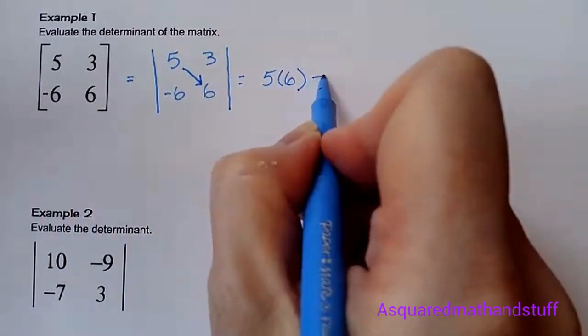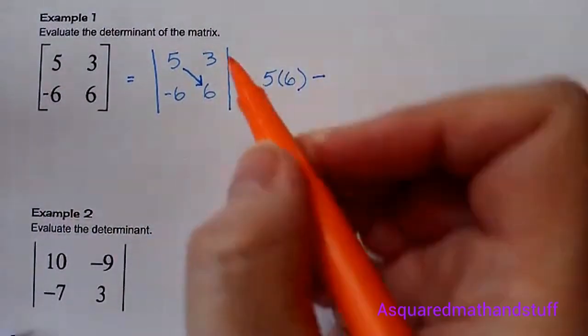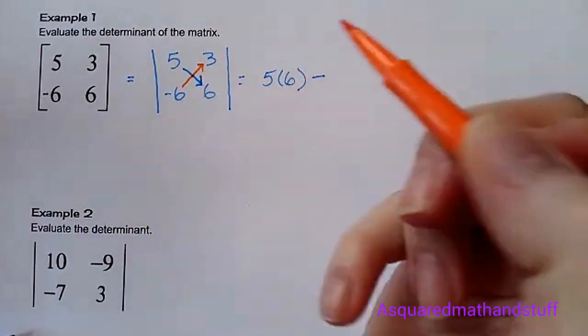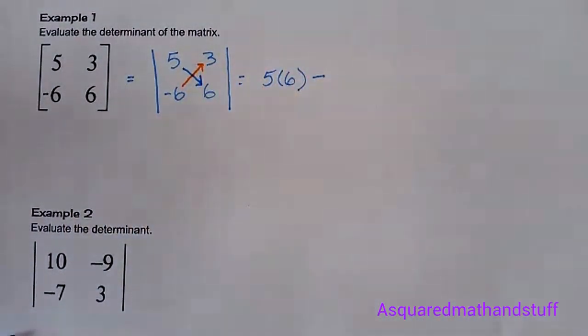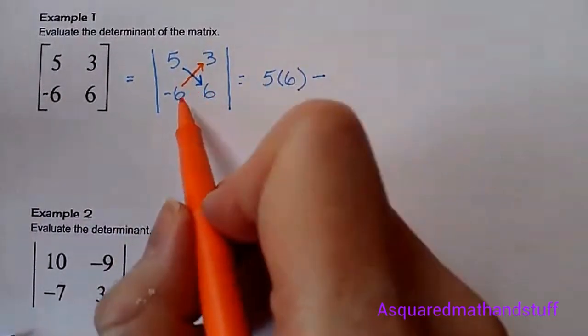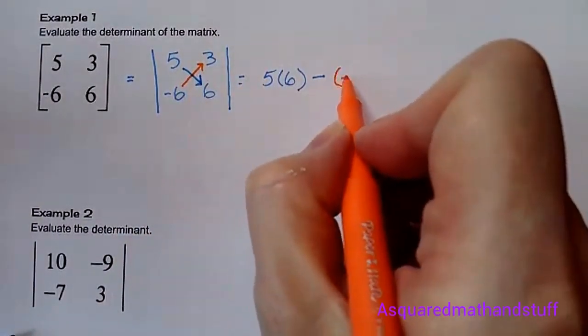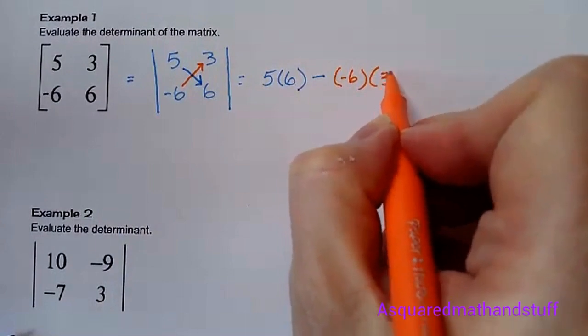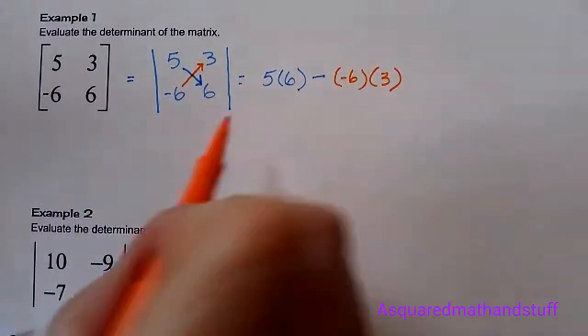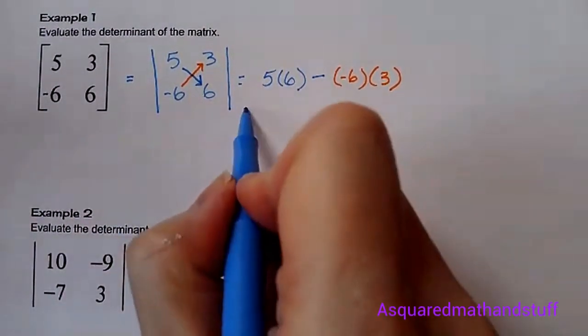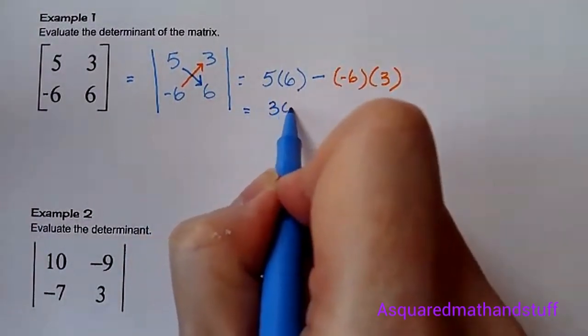And then we're going to subtract the next crisscross, multiplying the diagonals. Diagonals is probably a better word to use here. So we'll multiply -6 times 3. Once we have that, multiply and simplify. So we'll have 30.